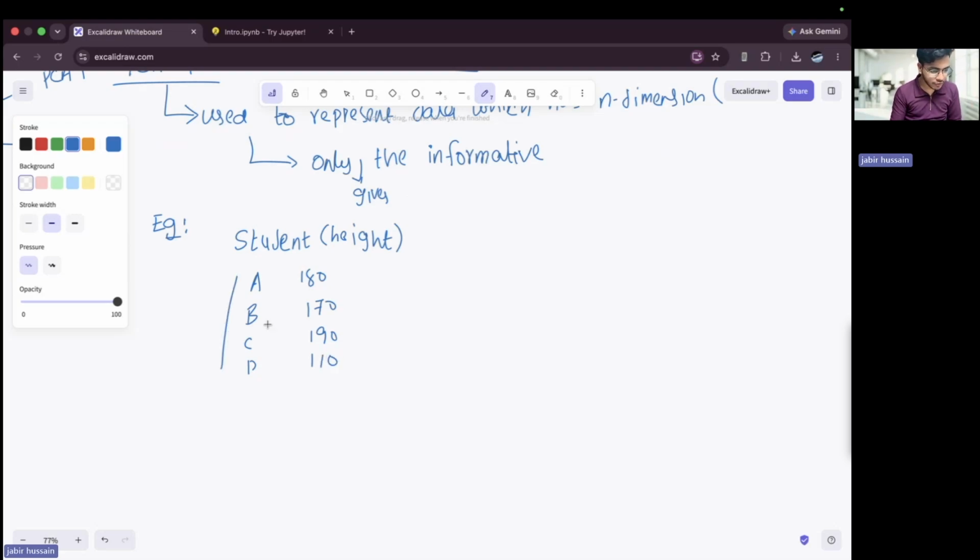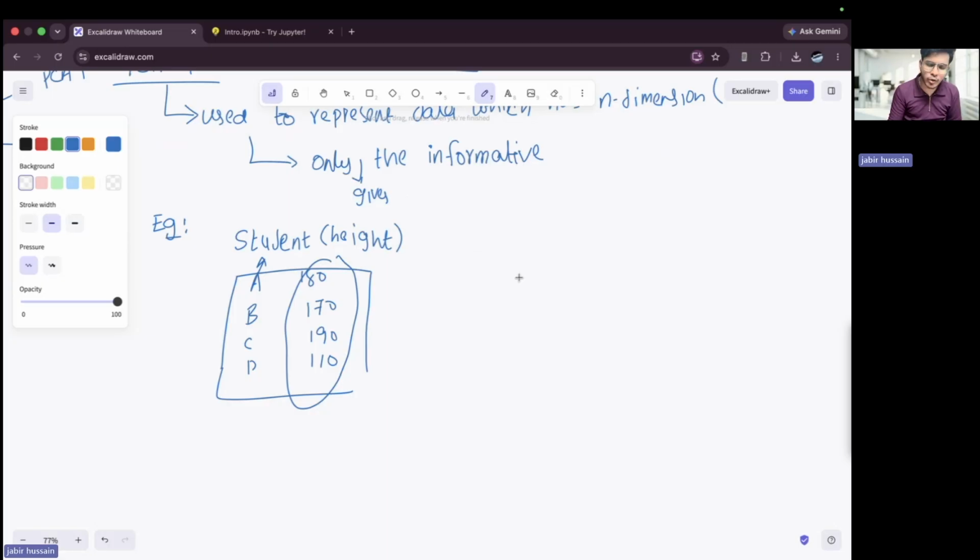So if you take this data, we have students, and each student has one feature, and that feature is height. Now the teacher is assigning seats based on height: the students who have the least height will sit in the first rows, and the students who have more height will sit in the back rows, the back benches.